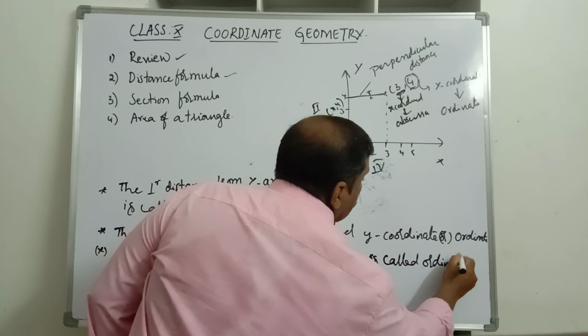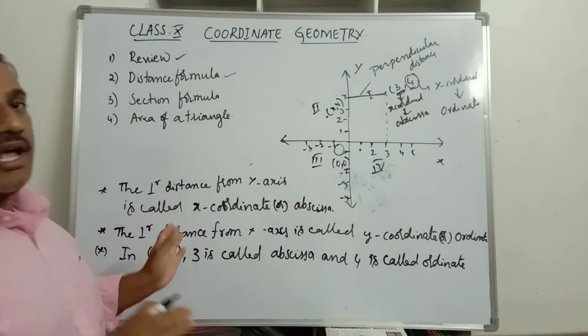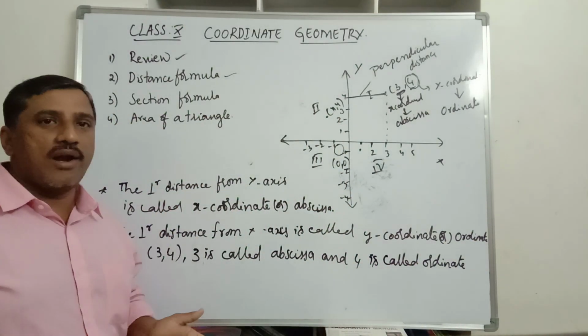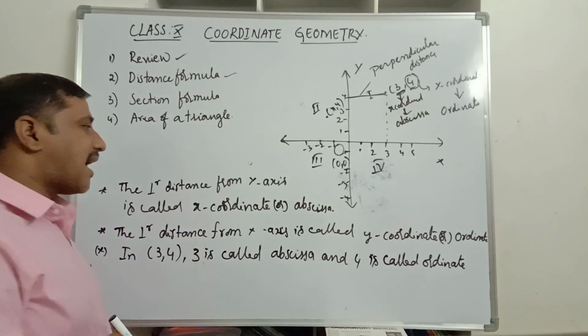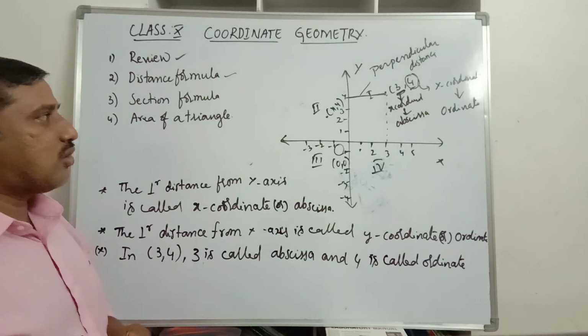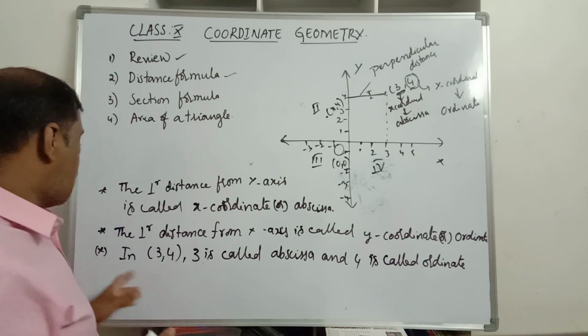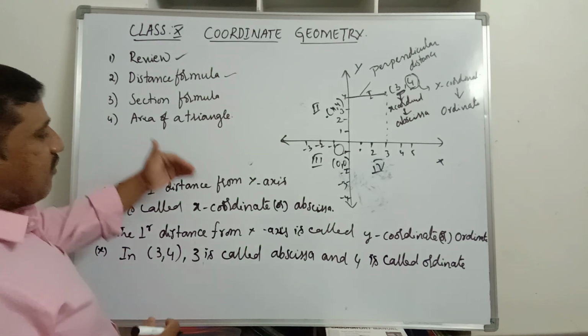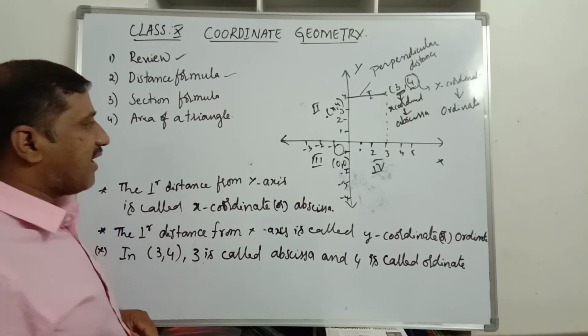So like this we represent a point with two values, the x coordinate and the y coordinate. The x coordinate is known as abscissa and the y coordinate is known as ordinate.